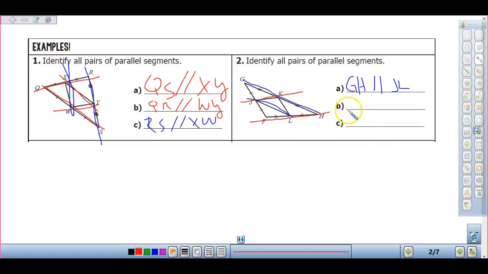So I have this time FH is going to be parallel to JK this time. And then my third side of my triangle that I've got to look at is right here. This side I haven't done, and that's going to go with this guy. So that's GF is going to be parallel to my KL. Okay.